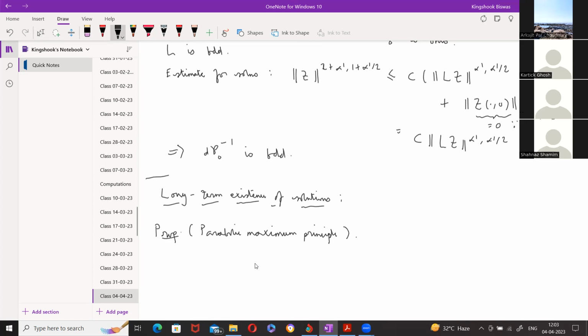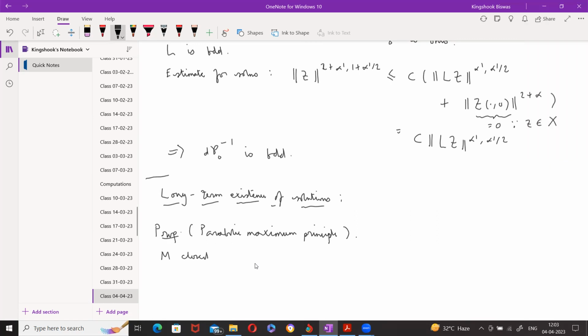So it says, if M is a closed Riemannian manifold, so compact without boundary, and u is a C^{2,1} function on M cross the closed interval [0,T] to R. Okay.